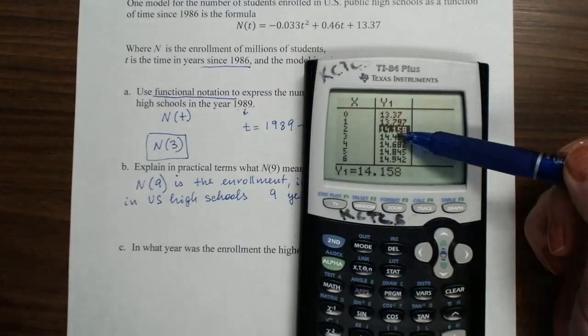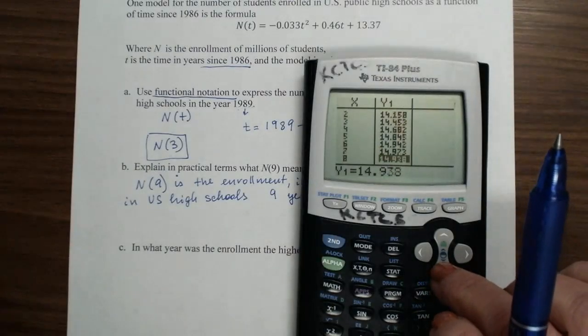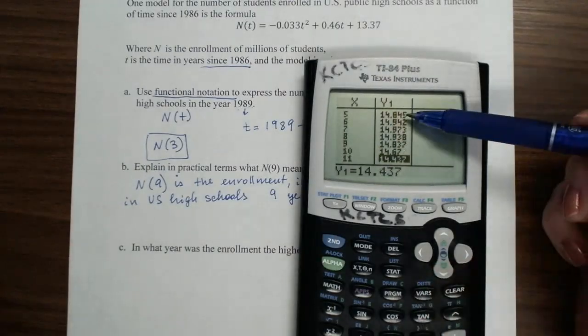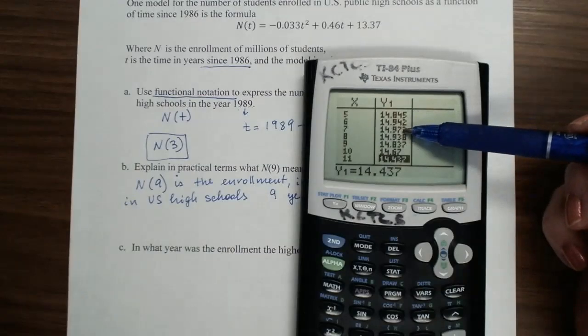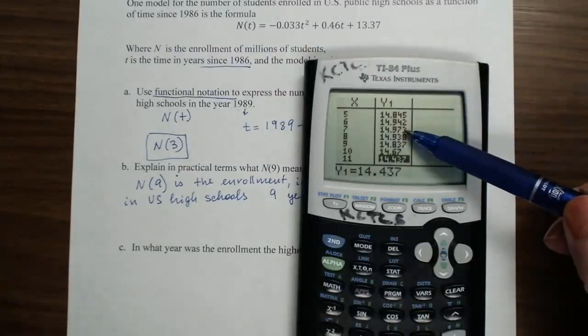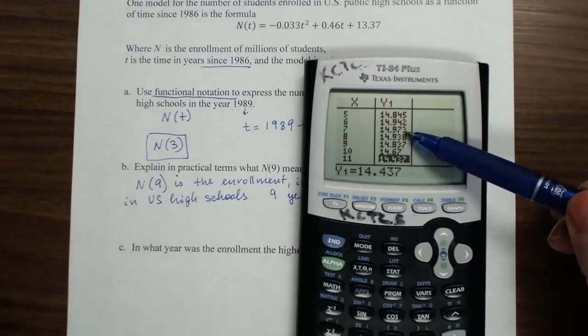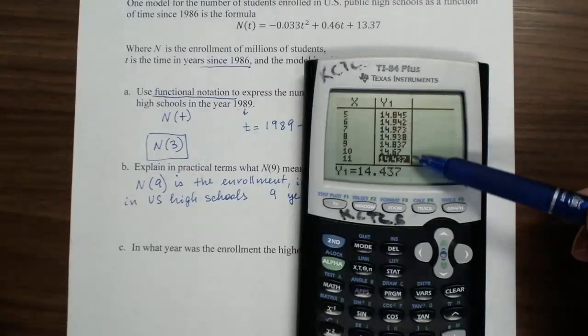So we see that these numbers are increasing, so we have to go farther. So increasing, and now it started decreasing. So that you can see that 14.973 is the highest number in the second column.